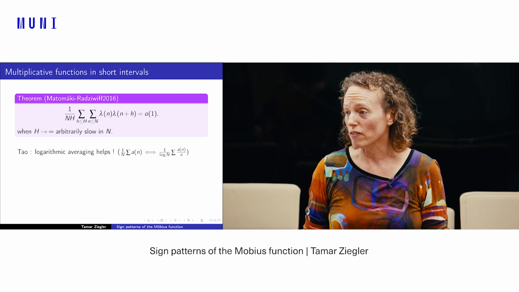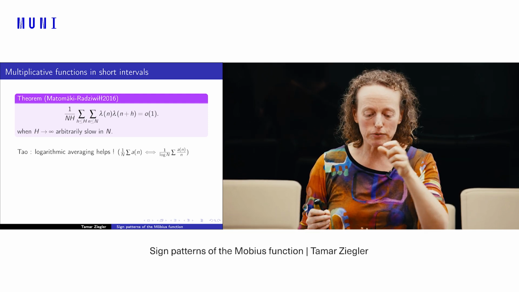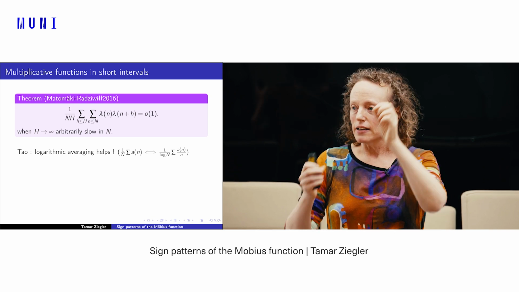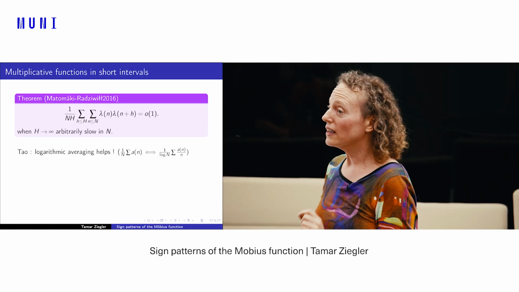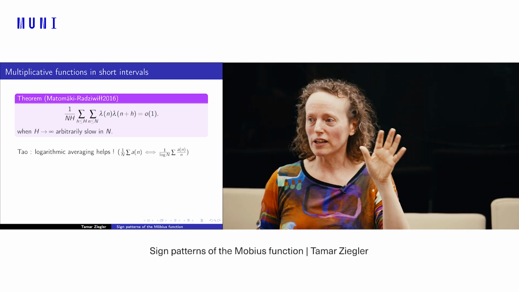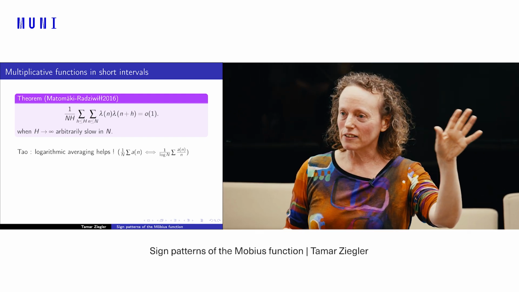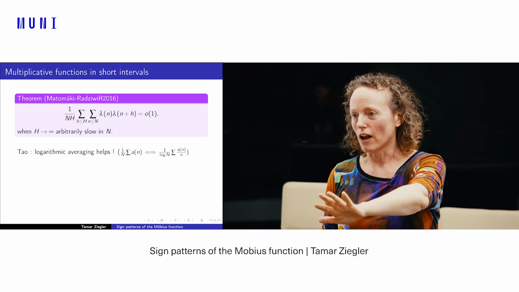It's called logarithmic averaging, which says that instead of summing up to N and dividing by N, I look at the sum of a_n over n, and divide that by the sum of 1 over n, which is log N. This thing is called logarithmic averaging, and it's an easy first-year exercise to show that if you understand the convergence in the Cesaro averaging, then that implies convergence in the logarithmic averaging.